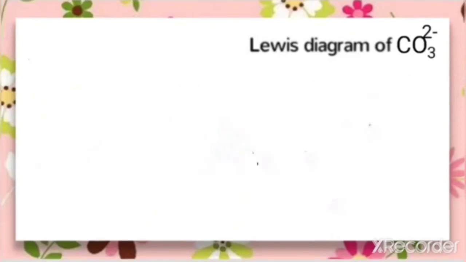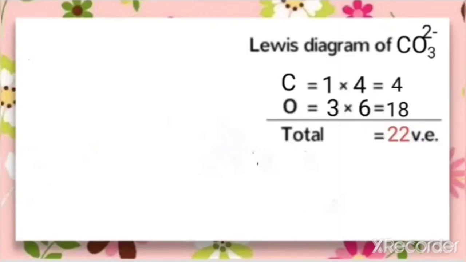Next, the carbonate ion. The carbonate ion has a single carbon and 3 oxygens. Let us find out the total number of valence electrons present in this. Carbon, single carbon, has 4 valence electrons, therefore equal to 4. Oxygen, 3 oxygens and 6 is the valence electron, so 3 into 6 is equal to 18.